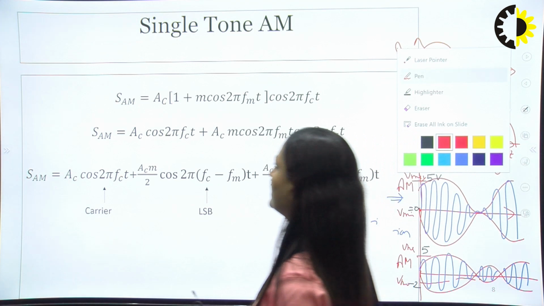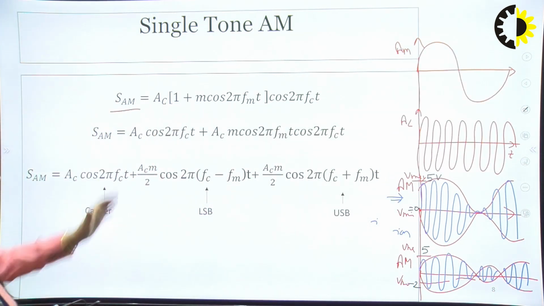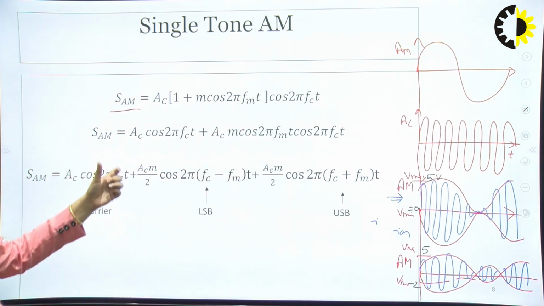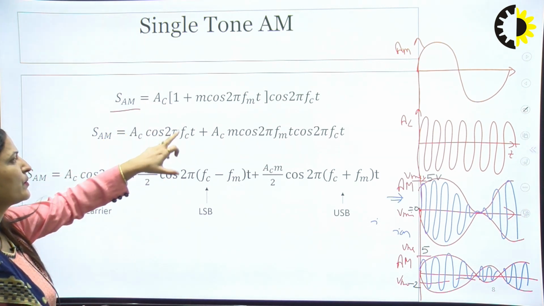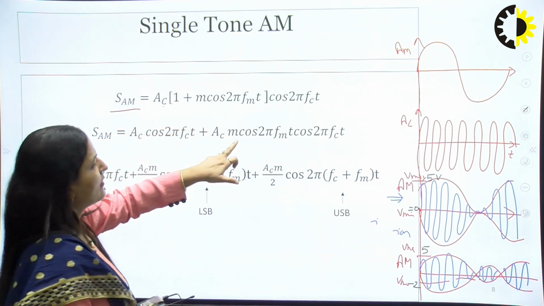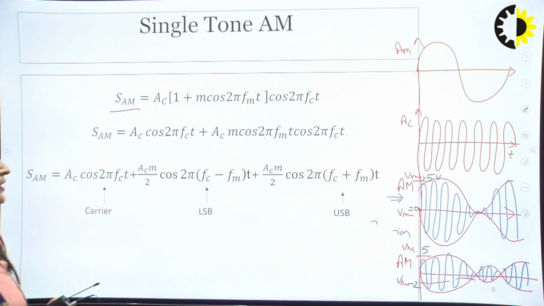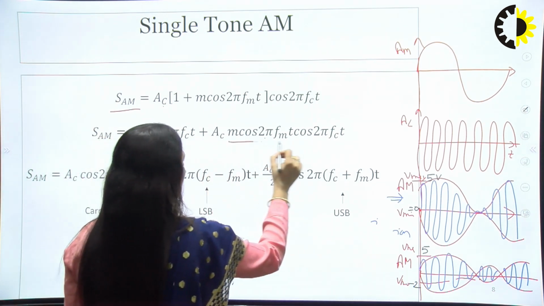Okay, so see, this is your amplitude modulated waveform: AC times 1 plus M cos 2 pi FMT, times cos 2 pi FCT. So M is replaced with the message signal. So I can write, open the bracket, AC cos 2 pi FCT plus AC M cos 2 pi FMT cos 2 pi FCT. Again, we will use the identity of the cos.